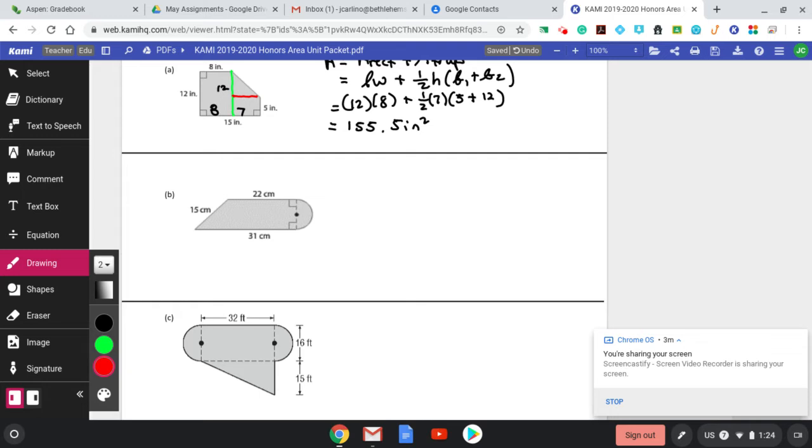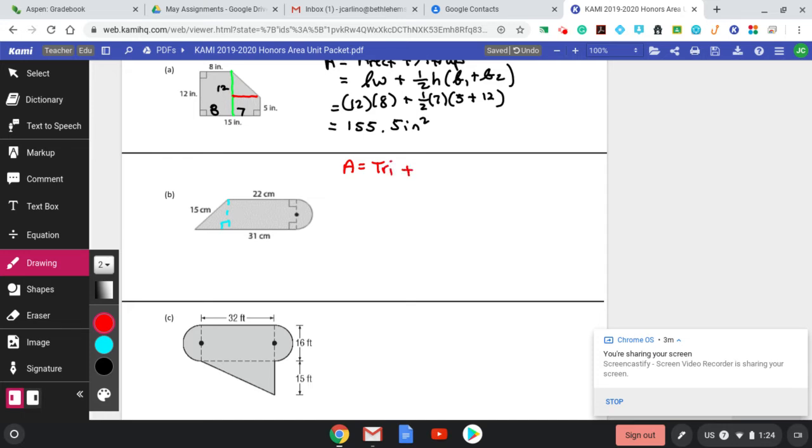So what line can I draw in so that there's figures I'm familiar with? Well, I already have a half circle here over to the right. If I draw in another altitude here, now I have 3 figures I am familiar with. I have the triangle.